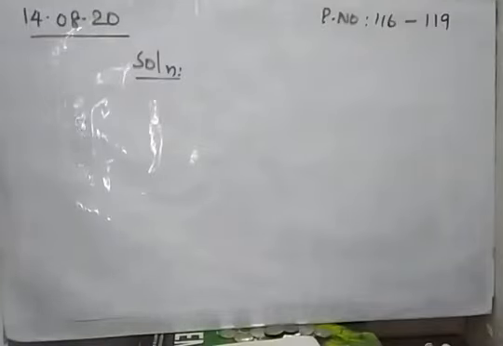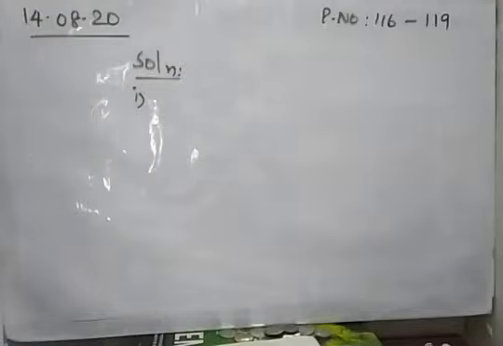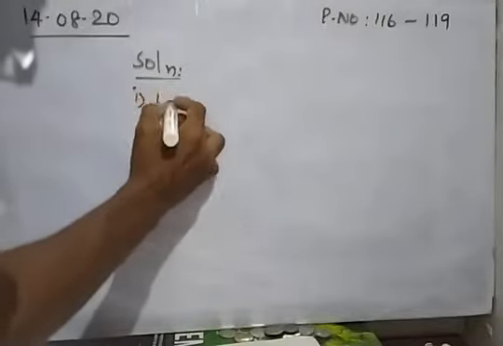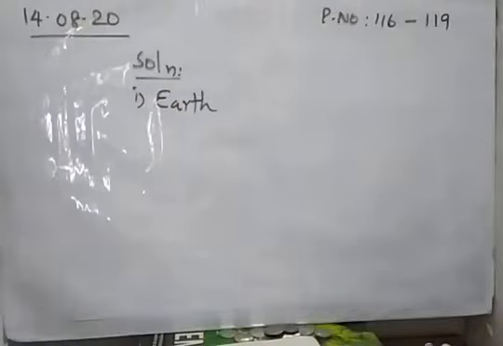Before that, we have to use an inertial frame of reference. Step 1: first of all we want to choose an inertial coordinate system to analyze the problem. Here we are able to take the earth as an inertial coordinate system.